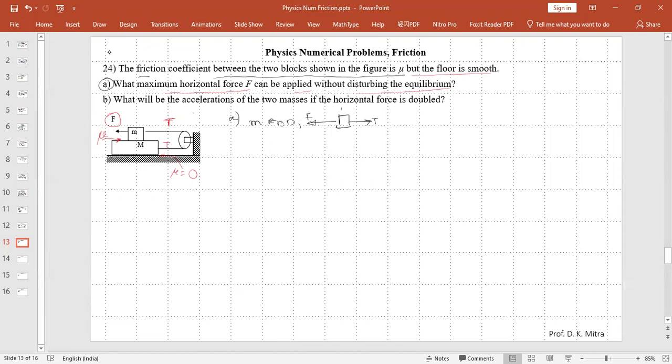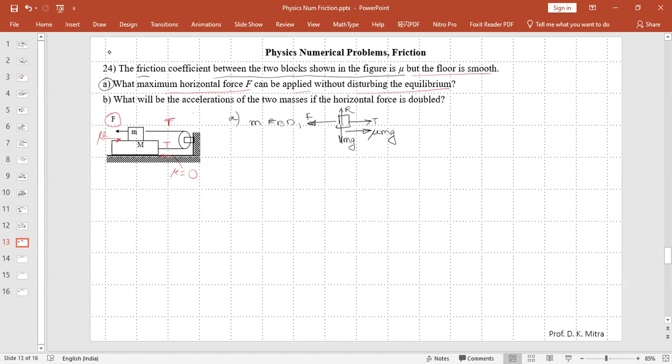There is a reaction force R and there is a downward gravitational force mg, and since it is being pulled on the left hand side, there is a frictional force towards right which is equal to mu mg.